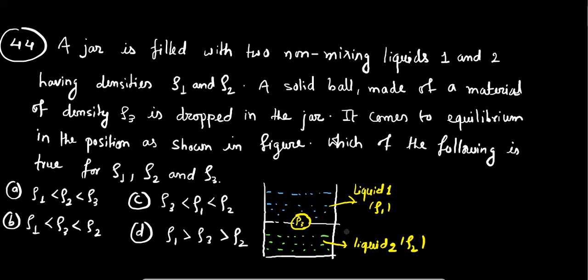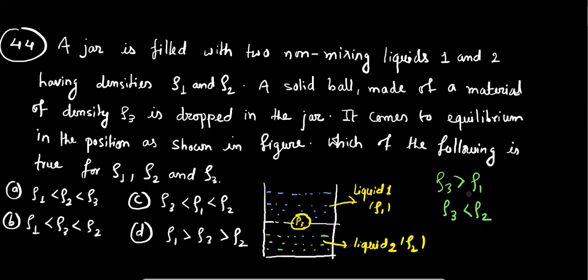See, there are two kinds of liquids and one solid. As this solid is well inside the first liquid, it means that rho 3 is greater than rho 1. And as this solid is floating on the surface of rho 2, the second liquid, it means that rho 3 is less than rho 2. So the common factor is rho 3.